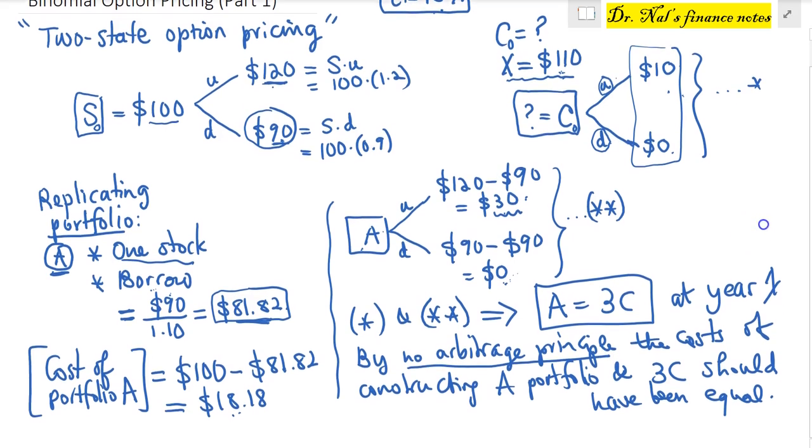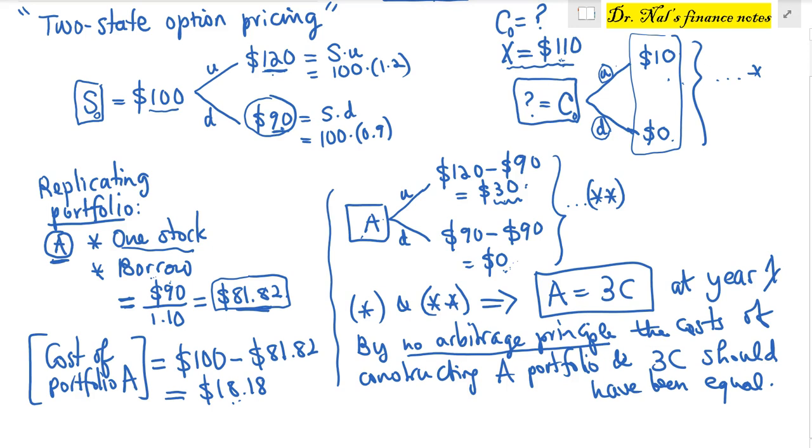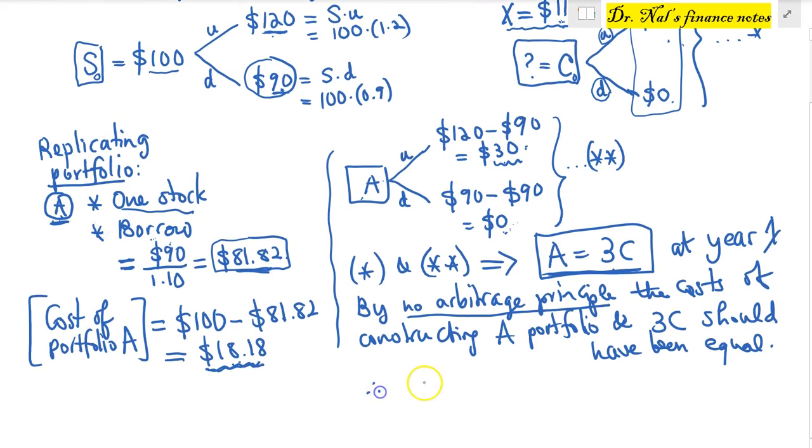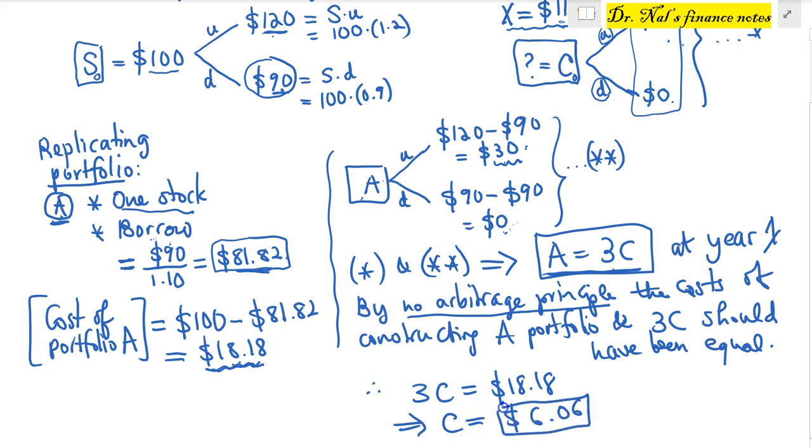But wait, we already know the cost of building portfolio A, and we clearly marked it as $18.18. As a result, 3 call options should have a cost of 18.18, implying that an individual call option should be worth $6.06. And that's it.